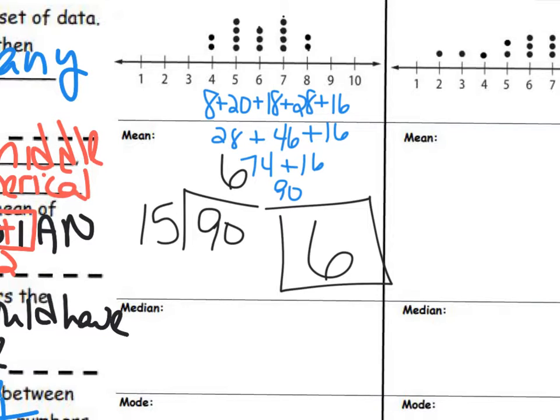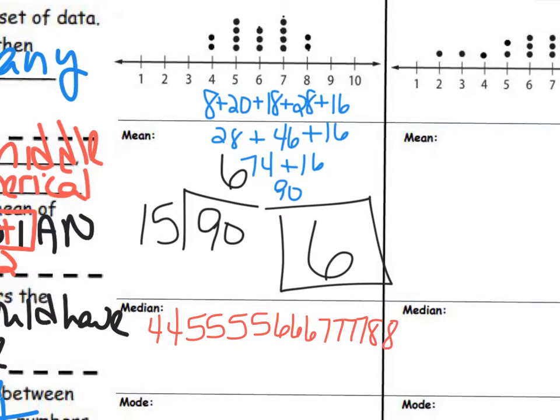So we're going to go ahead and we have 2 4s. We have 4 5s. We have 3 6s. We have 4 7s. And 2 8s. Okay, now that we have them all listed, what do we do in order to find the middle number?